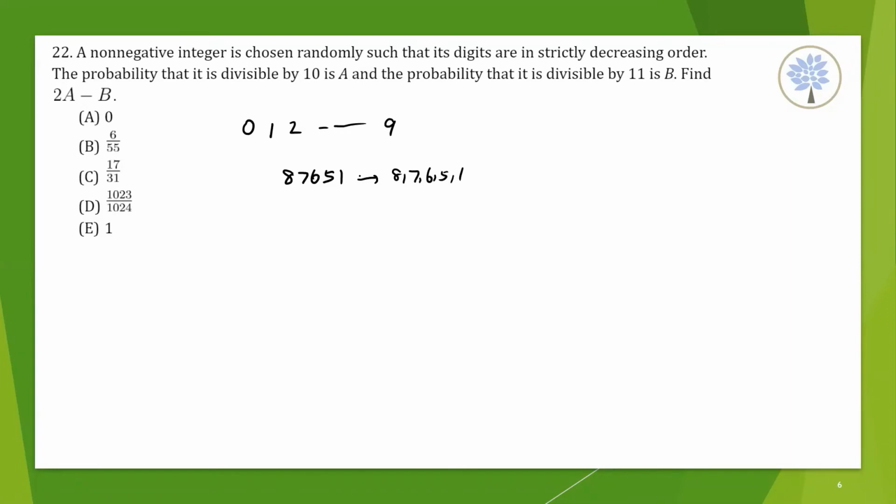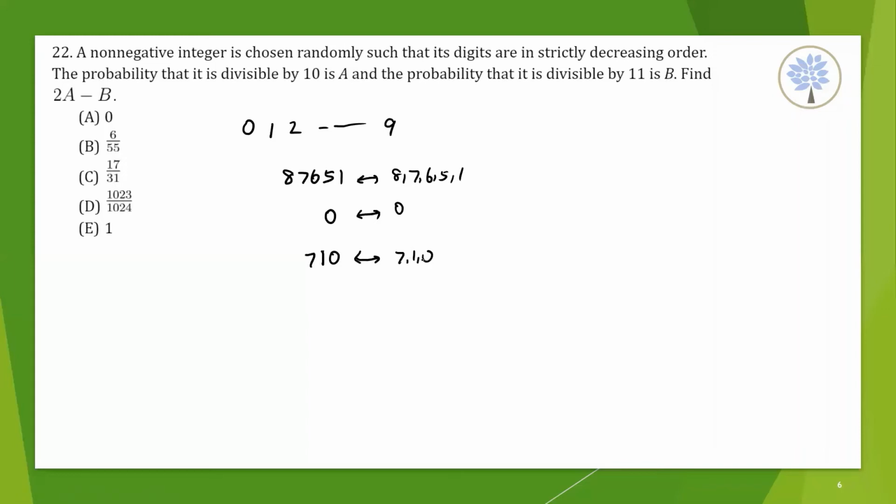So if you think about it, we have a bijection here between sets of digits from 0 through 9 and these numbers whose digits are in strictly decreasing order. Each number whose digits are in strictly decreasing order, whether it's 0 or 710, corresponds to a unique set of digits from 0 through 9.